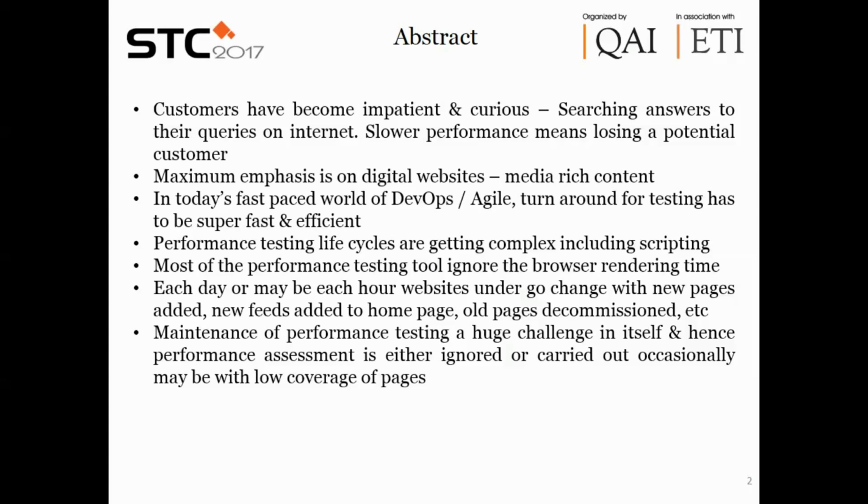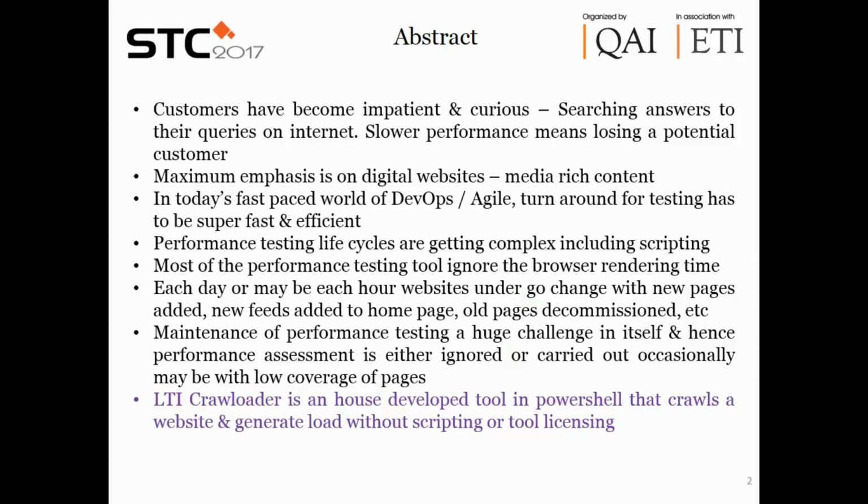To add to the complexity, maintaining the performance testing suite for such applications in an agile environment is a complexity in itself. Either you compromise on the coverage, or you compromise on the frequency of performance testing.